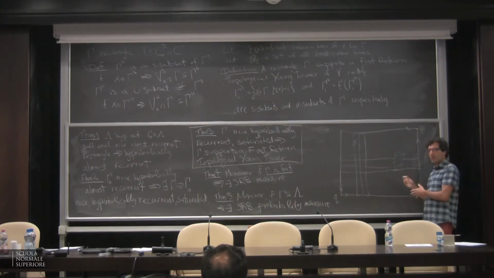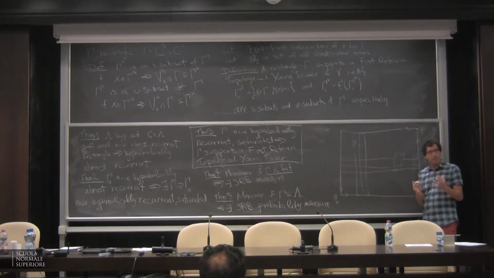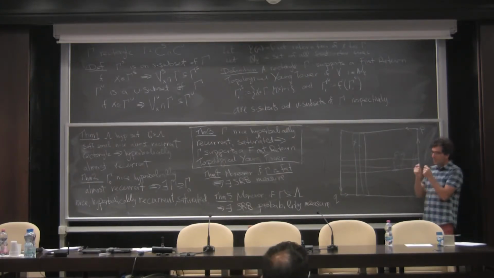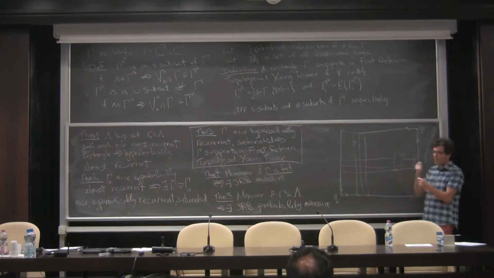This construction has been done for specific cases, like the Hénon map in certain cases by Benedicks and Young, and for some billiard maps, I think by Chernov and other people, I'm not exactly sure. But there are only a couple of settings where you can take a system and actually construct this structure, because it is a very delicate construction.